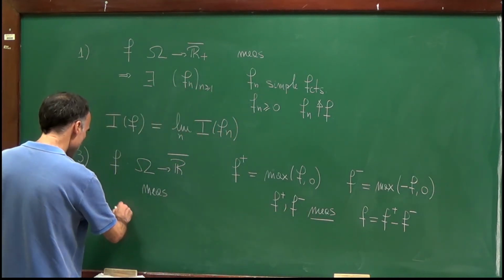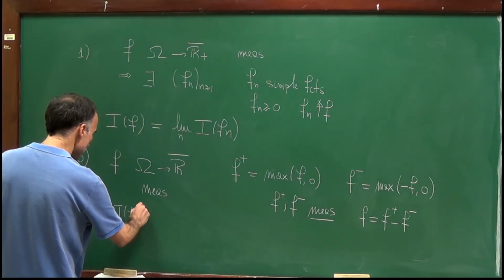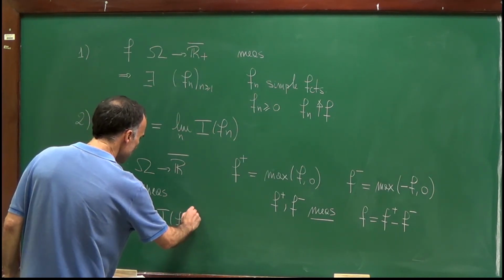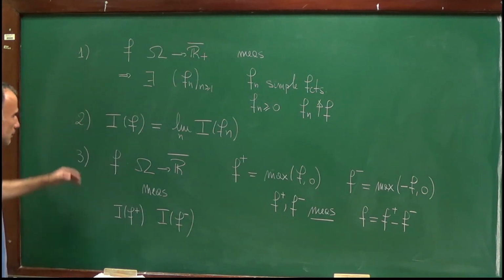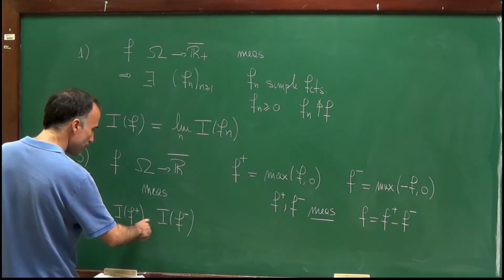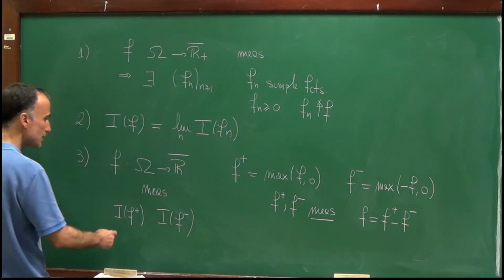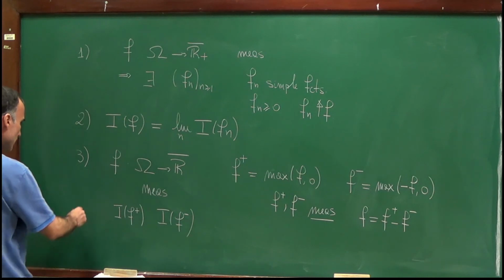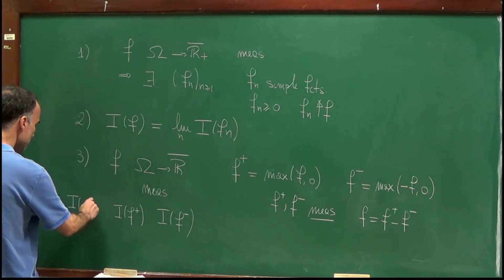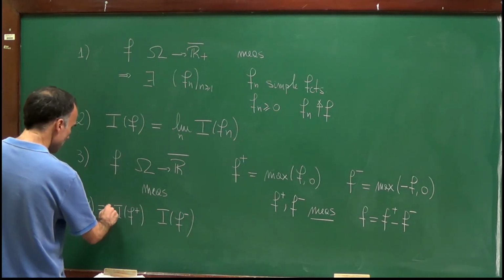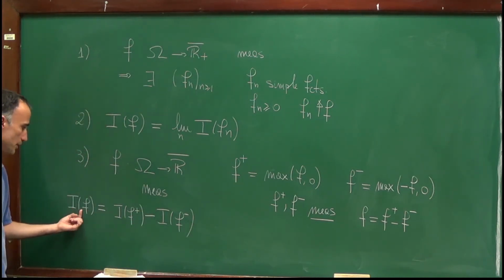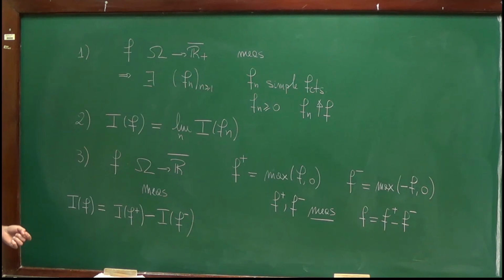So I of f plus is well defined. I of f minus is also well defined by step 2. So if both are finite, or at least if one of them is finite, I can define I of f as the difference of these two integrals, and this will be the definition of the integral of a function f.